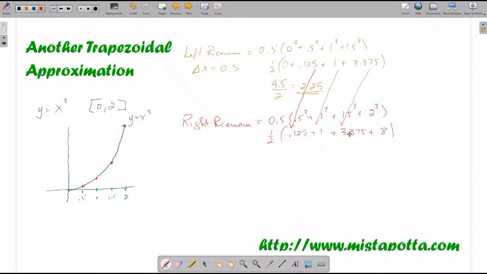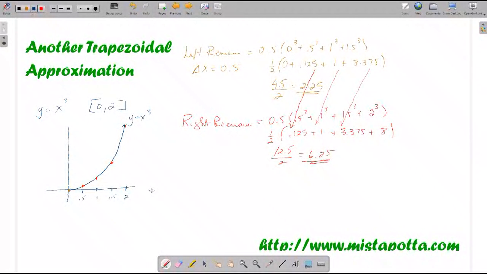Again, 3.375 plus 0.125 plus 1 is 4.5. And when I add 8, I get 12.5. And 12.5 divided by 2 gives me 6.25. That's my right Riemann sum.